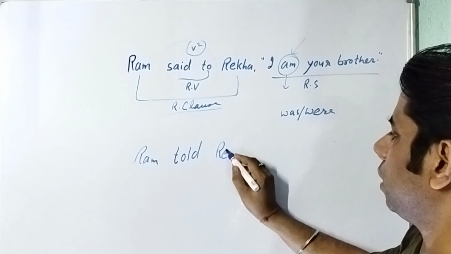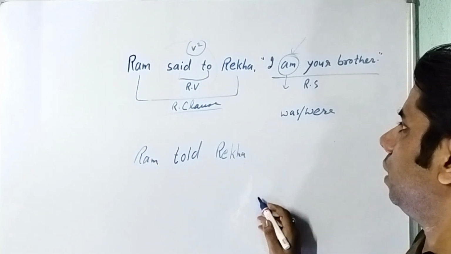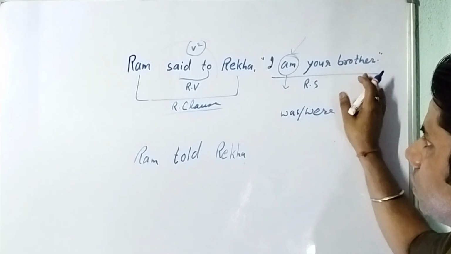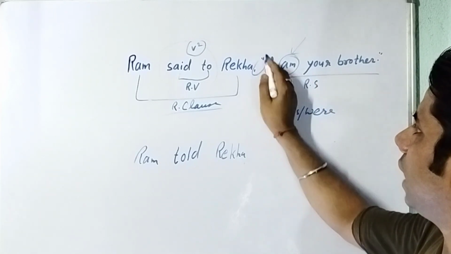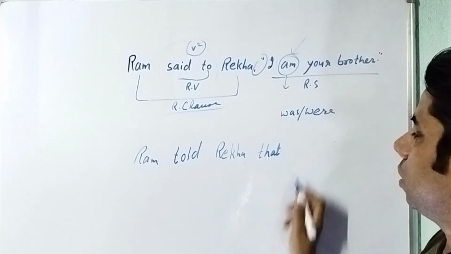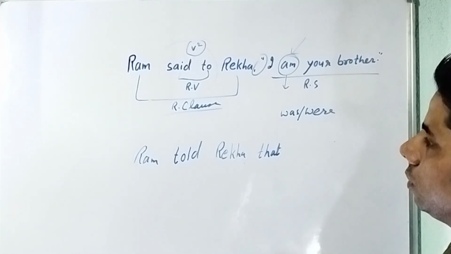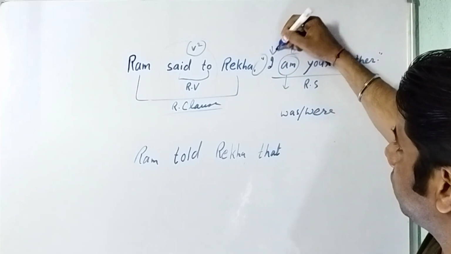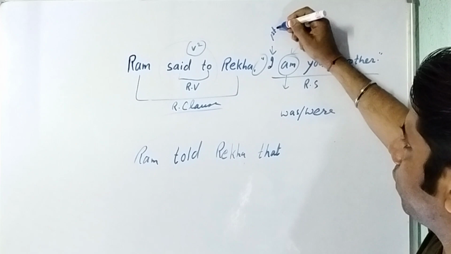Ram told Rekha. If this part is related to a declarative sentence, then for the comma and inverted commas, you have to use that. After that, the most important thing is the first person. You know very well about the first person.